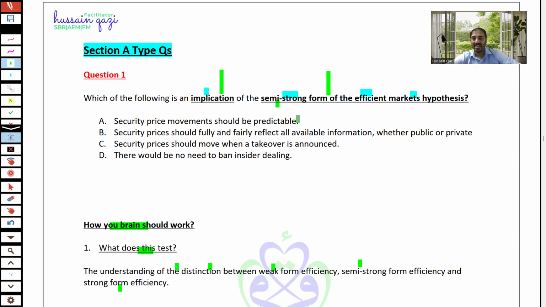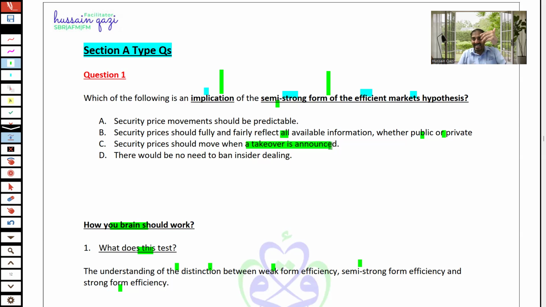Not in any case are prices predictable. Price is never predictable in any market. Number two, security price fully and fairly reflects all information, whether public or private. This is not the case for semi-strong; this is called strong form. Share prices should move once a takeover is announced.